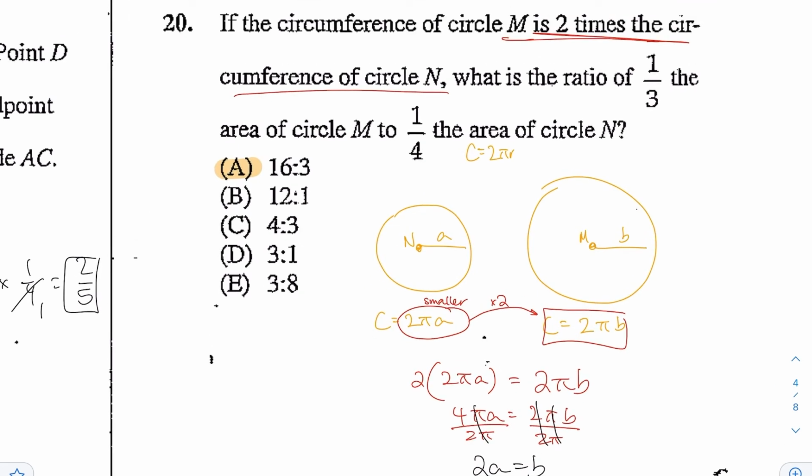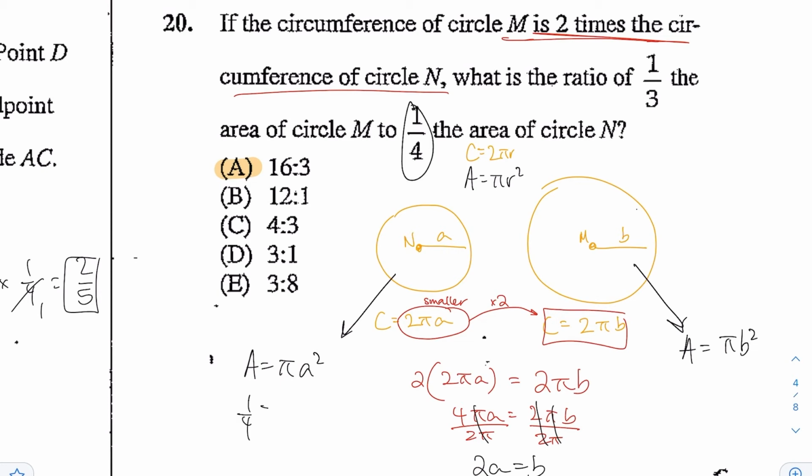Now you want to know the ratio of 1/3 of the area of circle M to 1/4 of the area of circle N. Now, area is pi r squared. So for circle A, the area will be pi times a squared. For circle B, the area will be pi times b squared. Now, for circle N, you have to multiply by 1/4. And for circle B, you multiply by 1/3, or circle M.